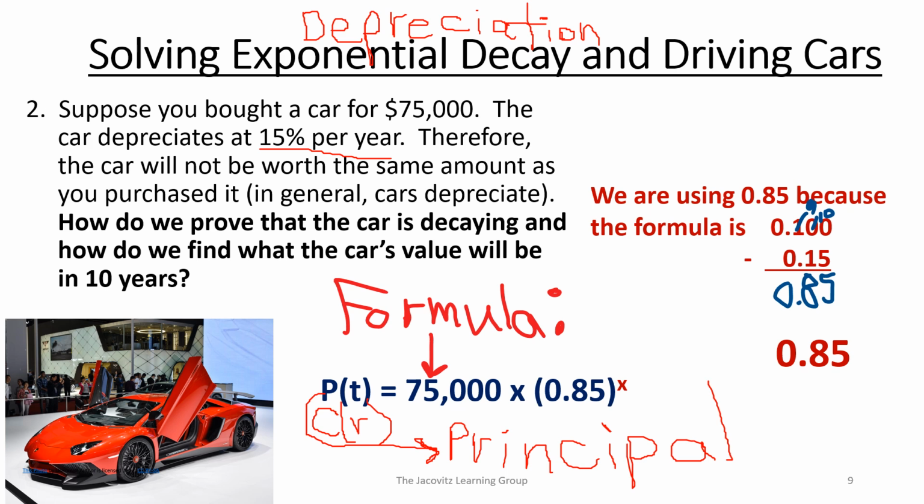All right, so I'm going to put time here. So I keep it in a bracket. Why am I keeping it in a bracket? So that you know that you have to multiply it.